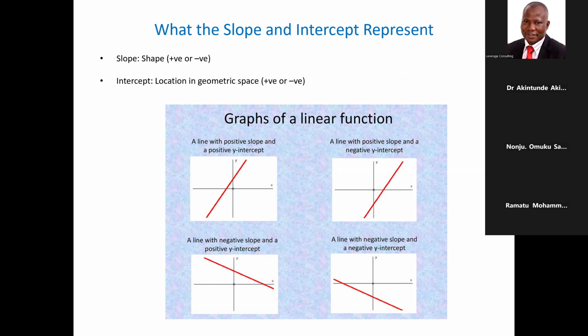That's the shape. The intercept is the position, that is the location in the geometric space. It can be positive or negative, just like the way slope can be positive or negative.